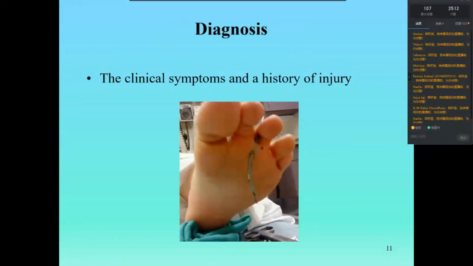And for diagnosis, because it's a deep tissue infection, we usually don't collect the specimen because it's not easy. We usually diagnose by the symptoms if they show typical tetanus symptoms, or we ask the patient about their history of injury, like some days ago, a couple of weeks ago, whether they got a deep puncture, like a puncture of a nail through the foot.